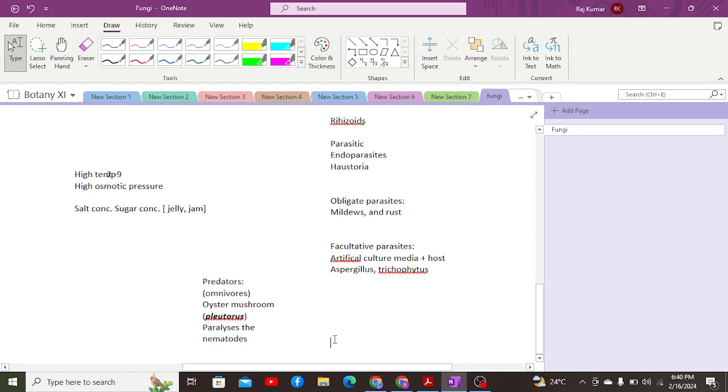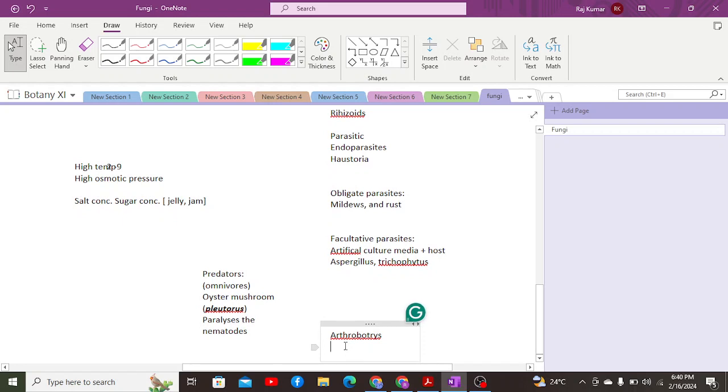When it comes to another example, we have Arthrobotrys. It is a genus which forms a constriction ring around the nematodes, due to which that ring constricts the nematode and attaches to it to absorb the nutrients, either intercellularly or intracellularly, primarily the nitrogenous compounds.